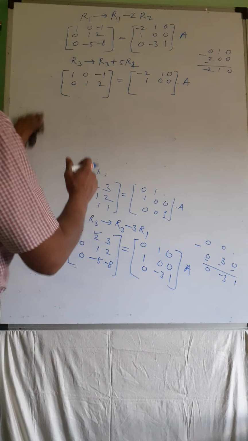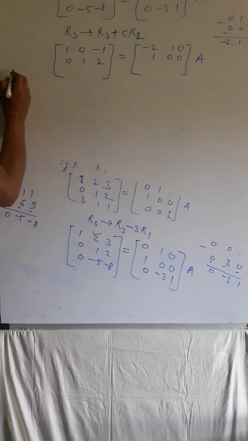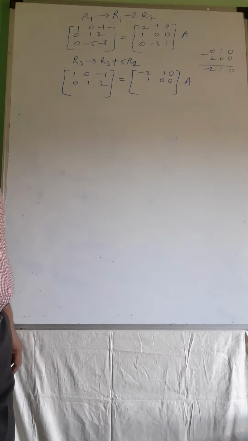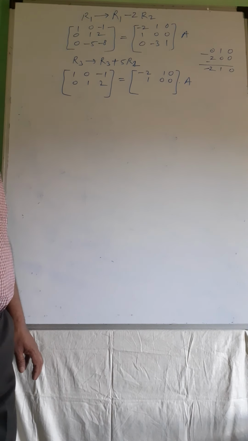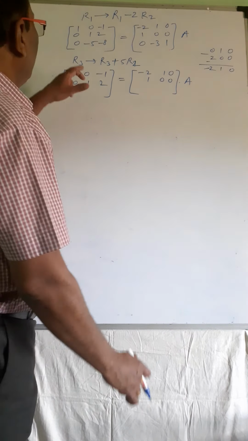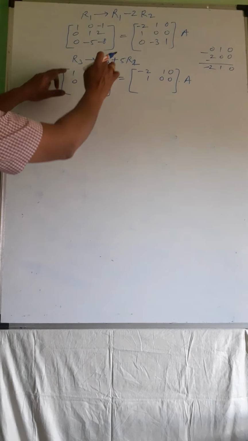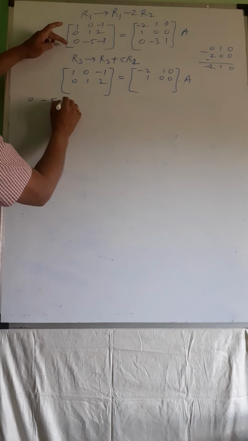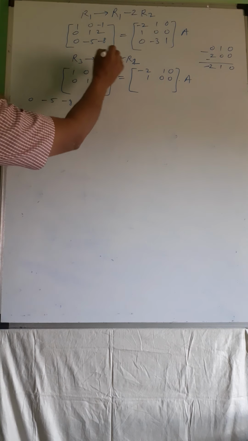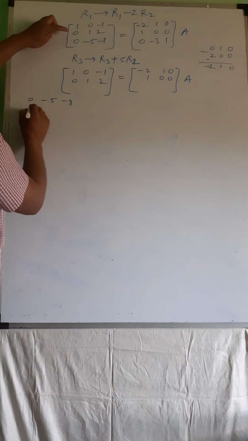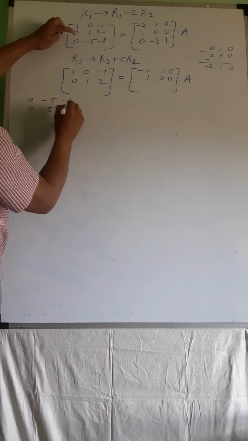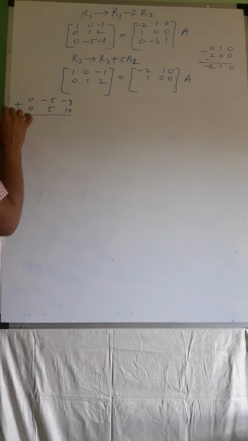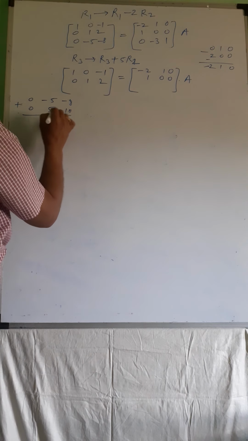Third row is 0 minus 5. Here R3 changes to R3 plus 5 R2. What is R3? R3 is 0 minus 5 minus 8 plus 5 into R2: 5 into 0, 5 into 1, 5 into 2. Here plus is there, means no need to change the sign, that is 2 0 0.